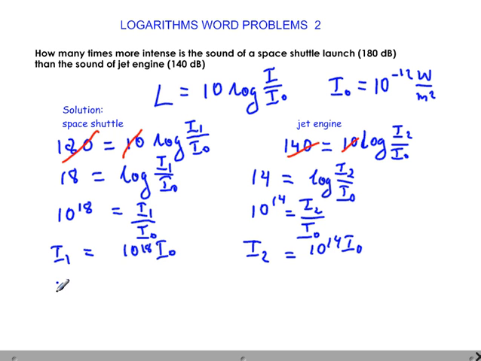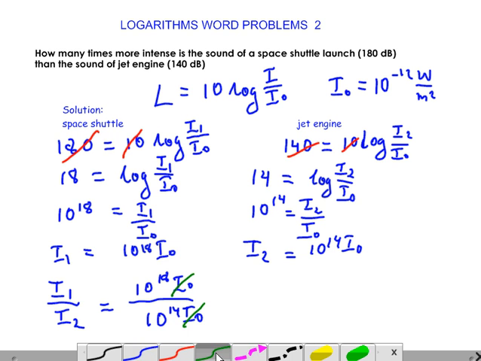So we will divide I1 over I2. So we'll have 10 to the 18 I0 divided by 10 to the 14 I0. So now you can see that I0 is gone.